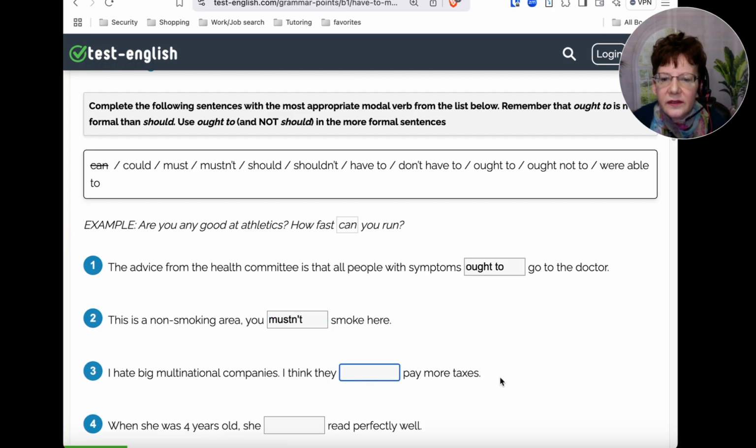It sounds like the opinion of the speaker. You can say should. That's kind of like an opinion.